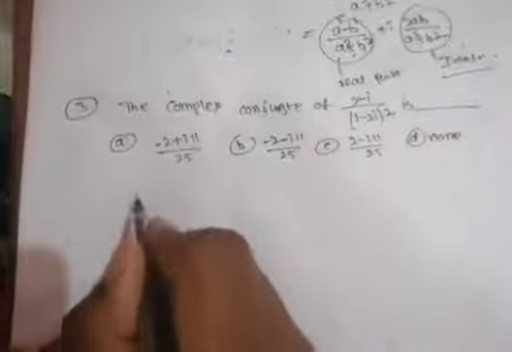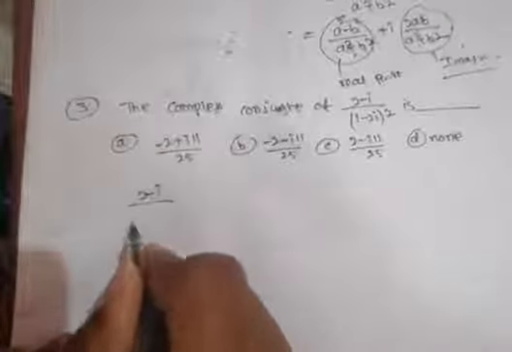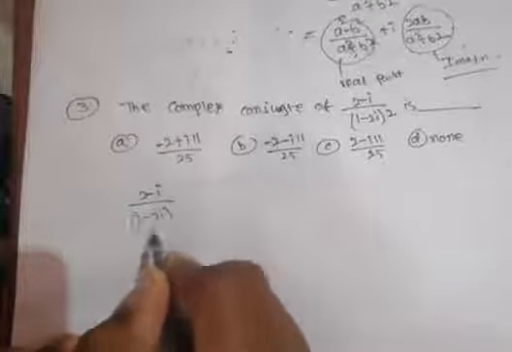So you can consider this problem, 2 minus i by 1 minus 2i whole square.